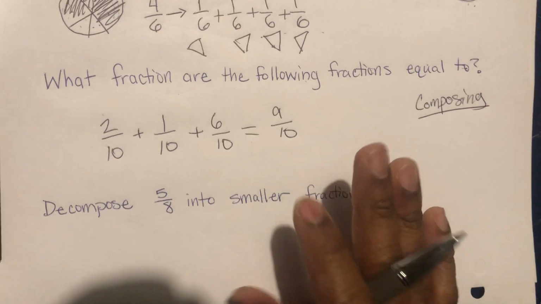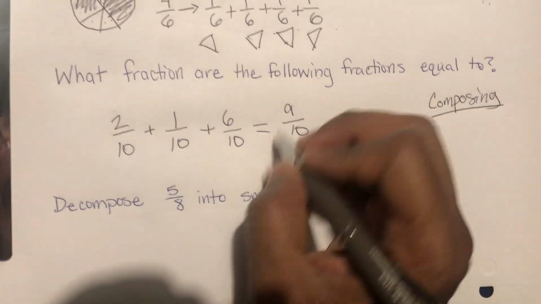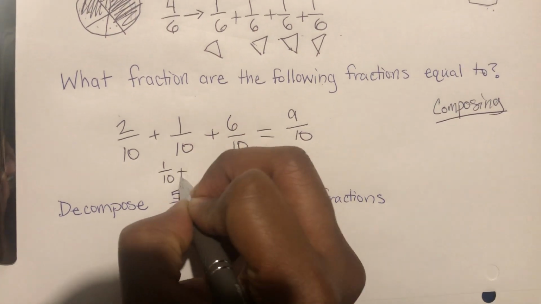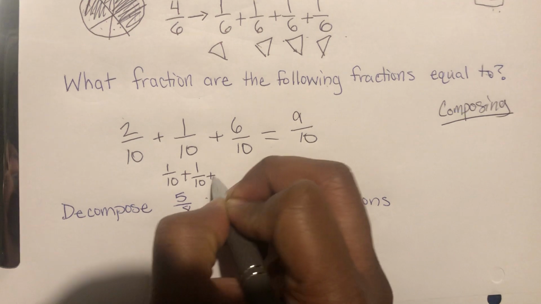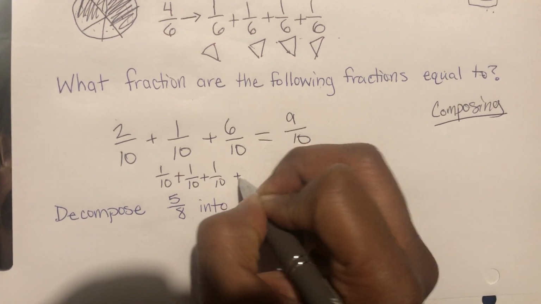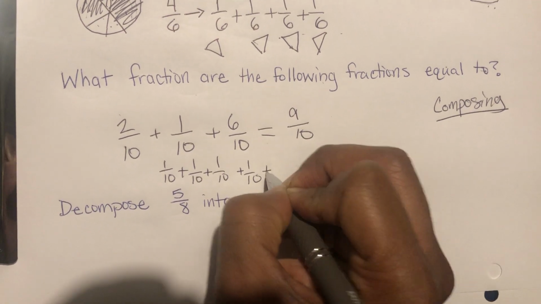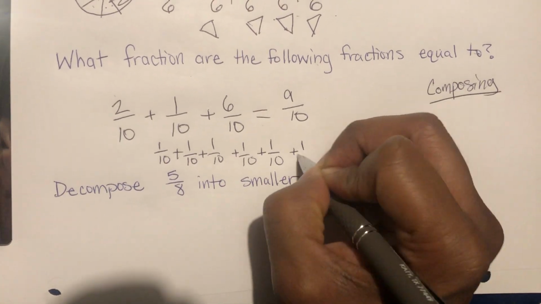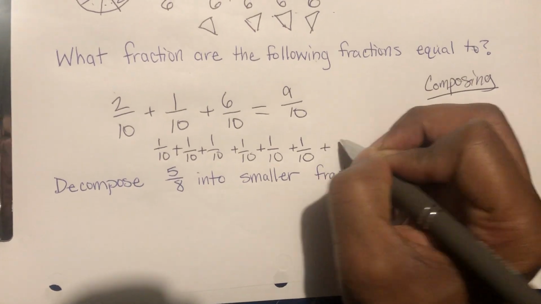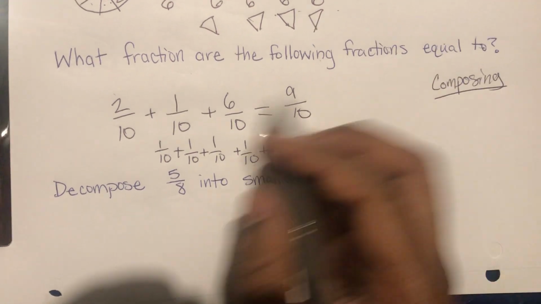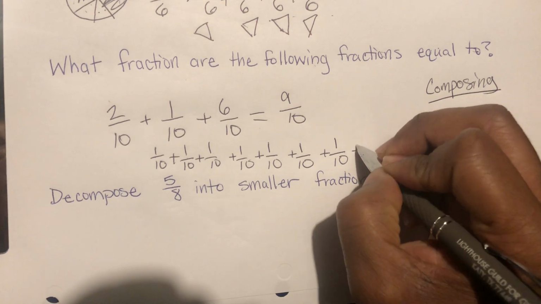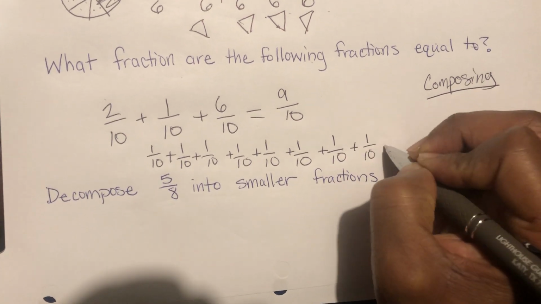Now, a lot of times when they ask you this, they're going to ask it like this. They'll give you a fraction like this: 1 tenth plus 1 tenth plus 1 tenth plus 1 tenth. A lot of times when they're doing this skill, they like to break it up into singles, okay, where the numerator is 1. 1, 2, 3, 4, 5, 6, 7, 8, 9.